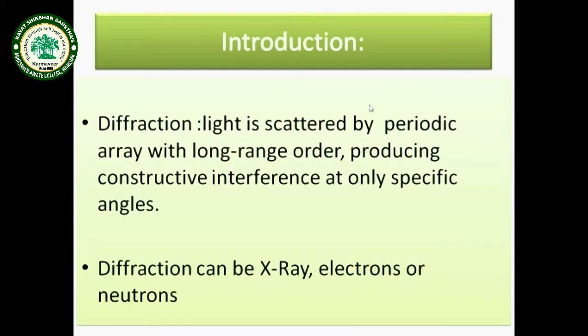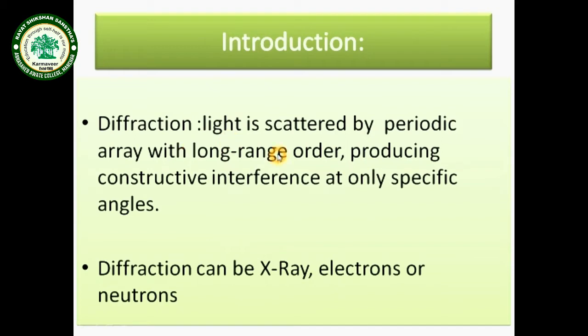And therefore, for that, we have written that diffraction is scattering by a periodic array, and that array produces constructive interference, and that constructive interference takes place only at certain angles. This is the definition of diffraction. The light or X-ray is interacting with the periodic array of atoms.